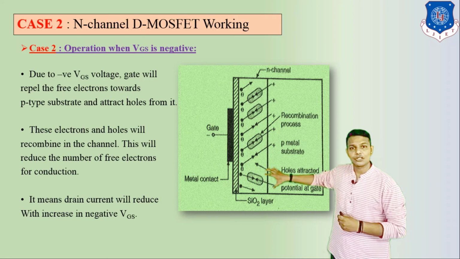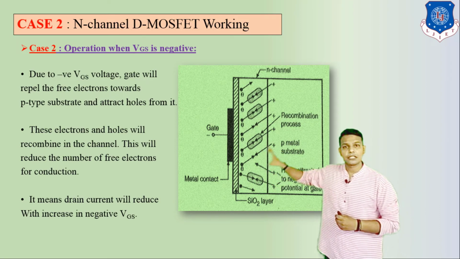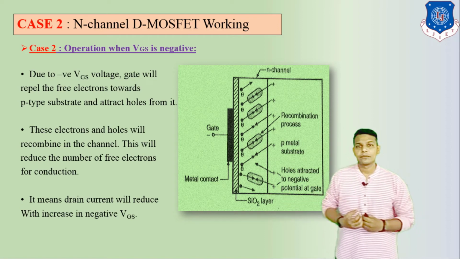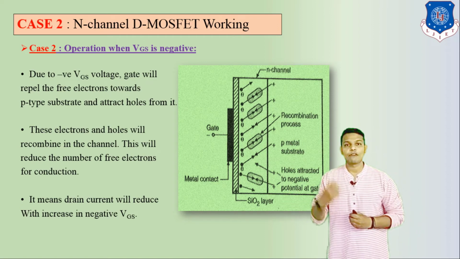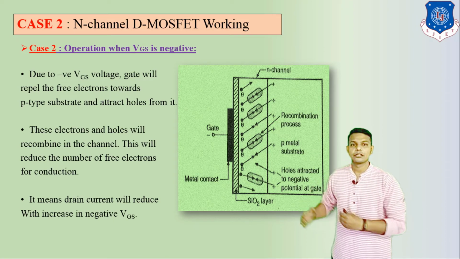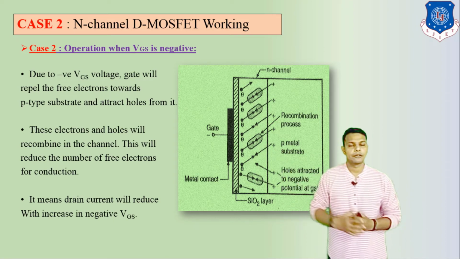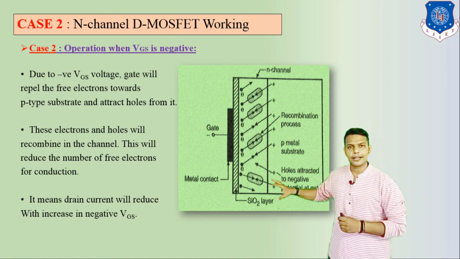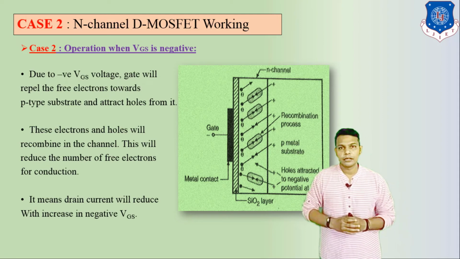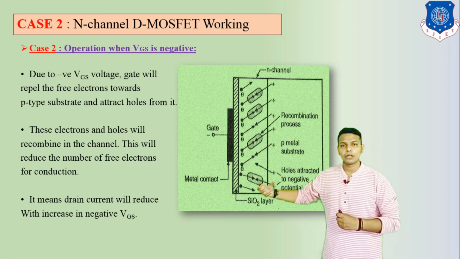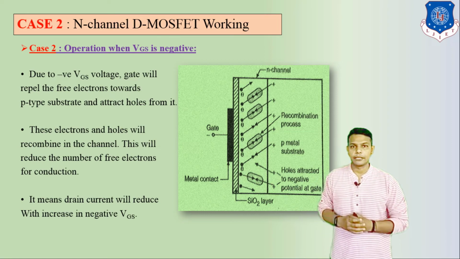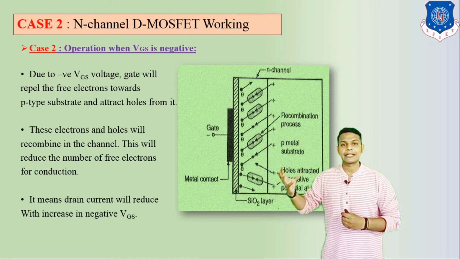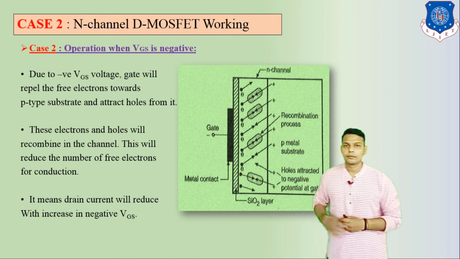That means electrons are busy with these holes. So there is a reduction in the number of electrons, and the flow of drain current becomes reduced. For example, if in the first case the number of electrons is 100, and they make pairs with holes, that becomes 50.